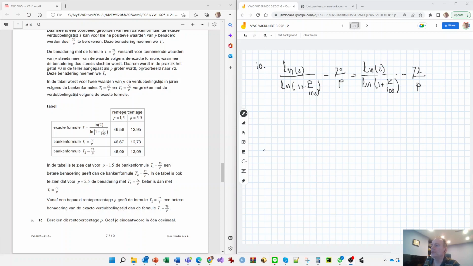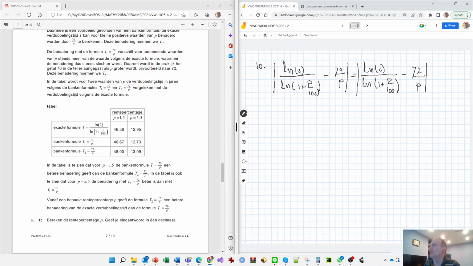And actually we don't care about the sign of the approximation, so we have to also add the absolute values here. Actually you can see if you wouldn't have done that, these two drop, and there's no p for which they would be equal.